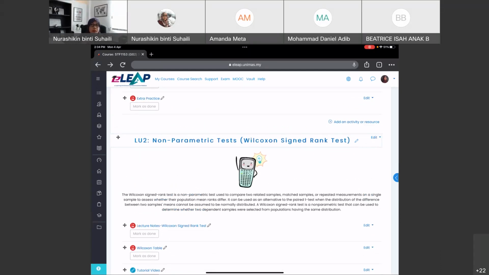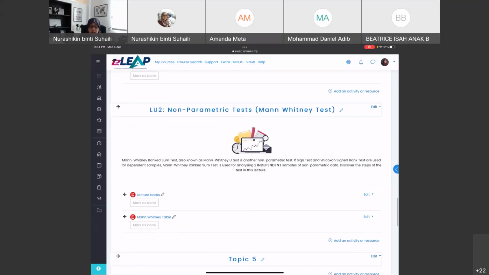Samples that have to be connected to each other. Whereas today's test, the Mann-Whitney test, is designed to analyze two independent samples or two independent sets of data. That's the biggest difference between the Mann-Whitney test and the Sign Test and Wilcoxon Signed Rank Test.